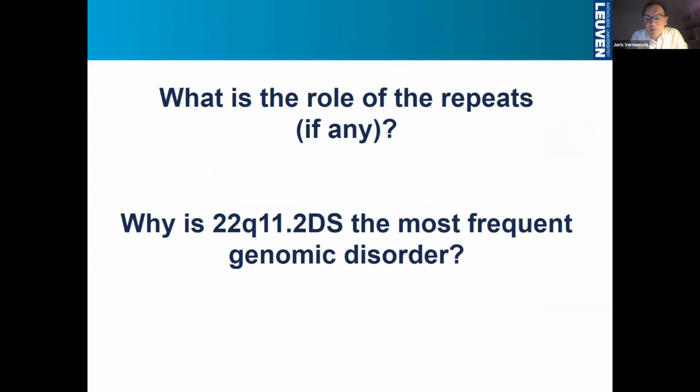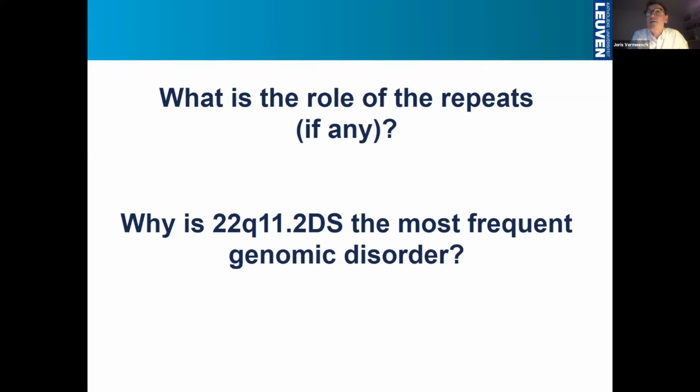So then that raises the question, is there a meaning? Does it have a role? Has it a phenotypic effect? Or the other hypothesis is, of course, it's just genetic drift, because once it starts to become longer, it starts to affect the expression in the region, and maybe it doesn't mean anything. But at the same time, the question which remains unanswered is why is 22q11.2 deletion syndrome the most frequent genomic disorder?